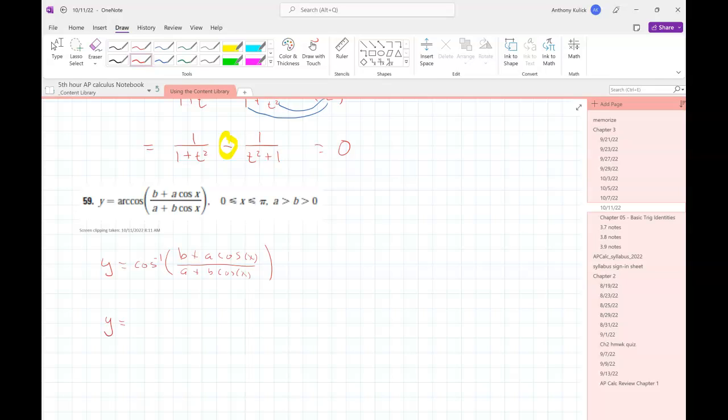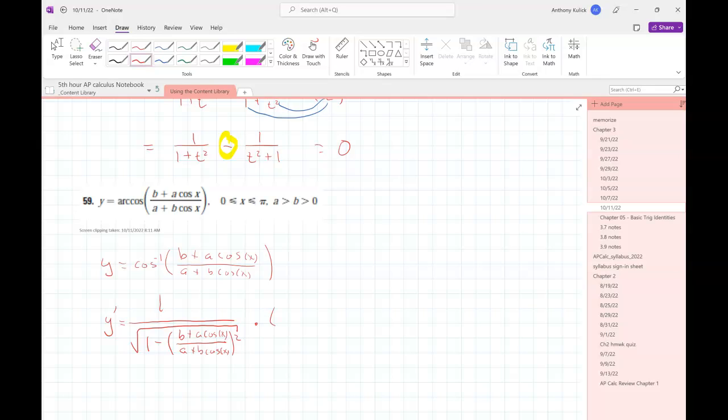So if I do the derivative of the outside, that's going to be 1 over the square root of 1 minus x, but in our case, the x is this big nasty fraction here. So that's the outer derivative. That's the derivative of cosine inverse. Now we have to do the derivative of the inside.